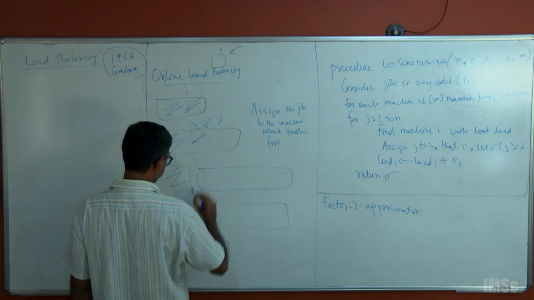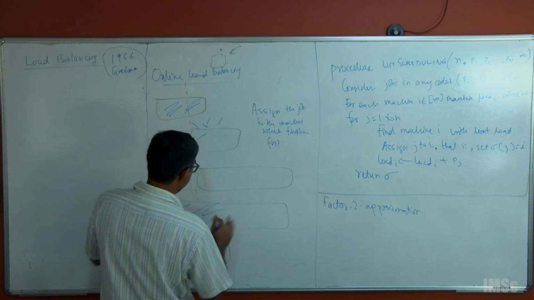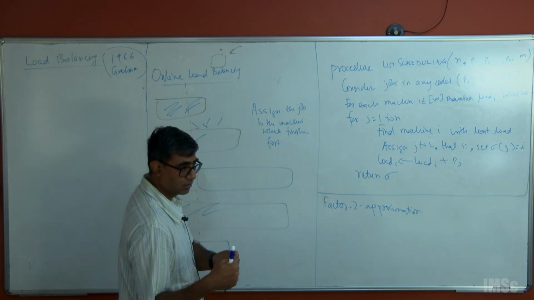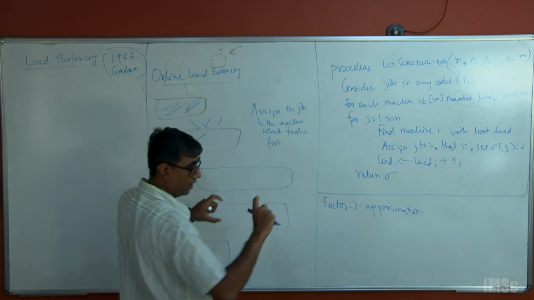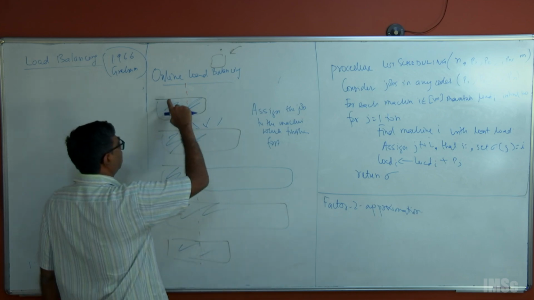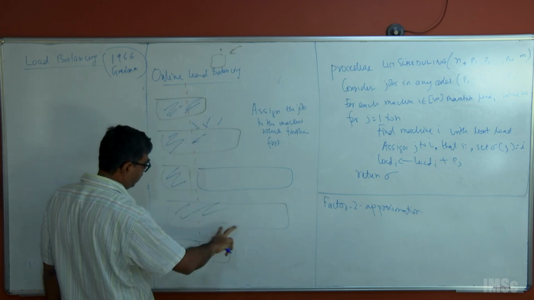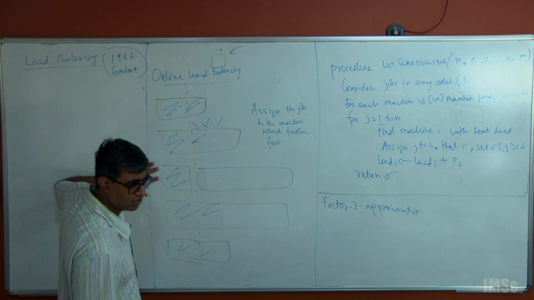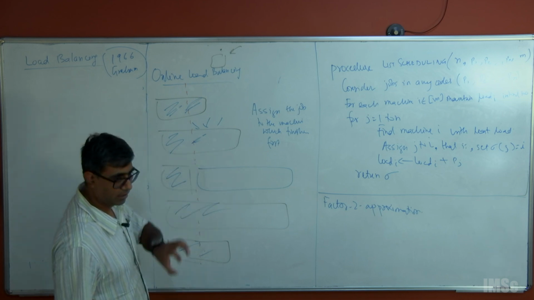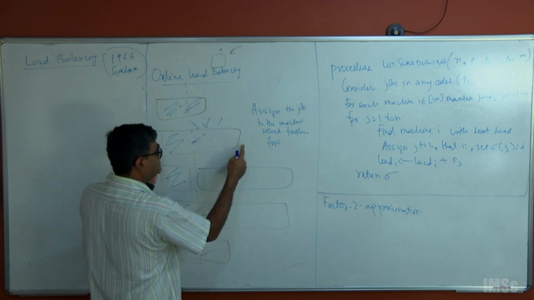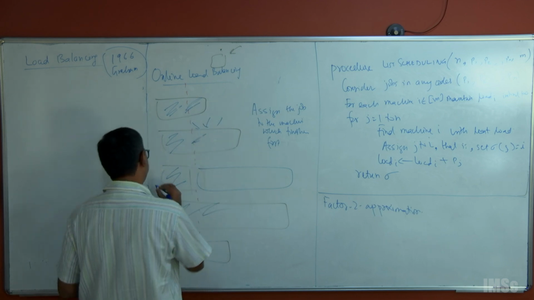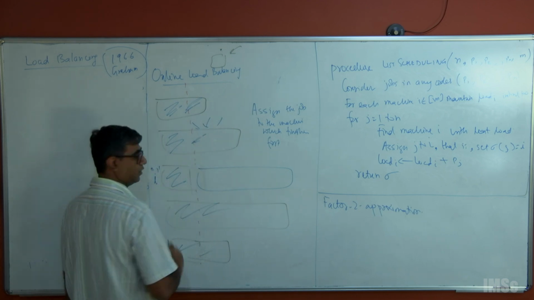If I delete this item, then the processing time of every other machine can only be larger than this machine, right? Suppose this is the load I at this stage.